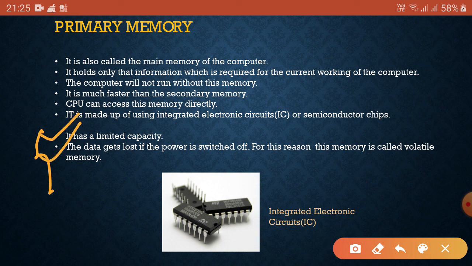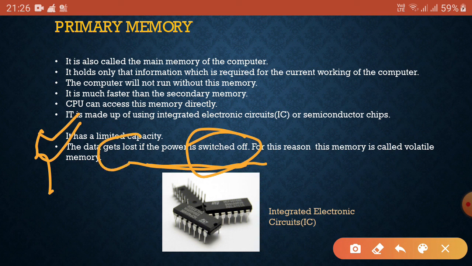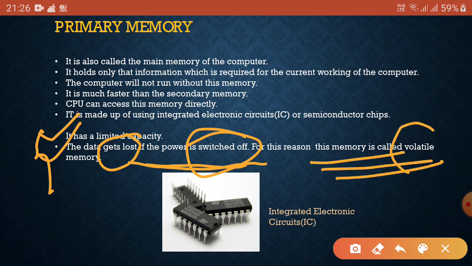Next point is, the data gets lost if the power is switched off. Whenever the power of the computer is switched off, the data inside the primary memory gets lost. For this reason, this memory is called volatile memory.